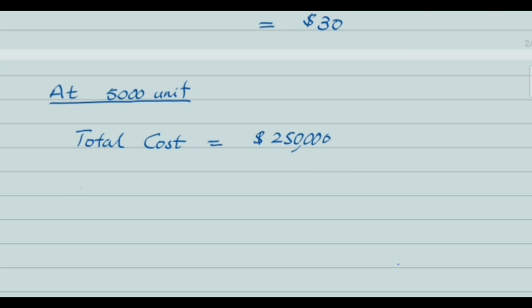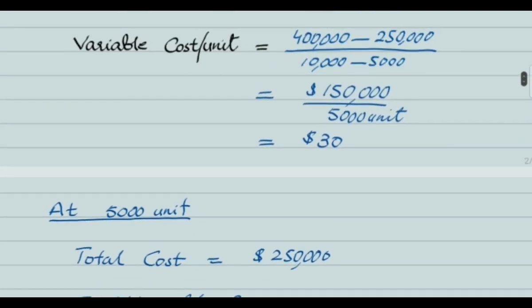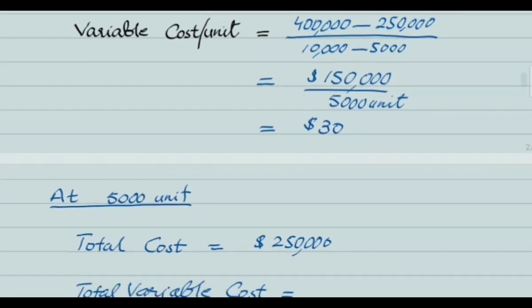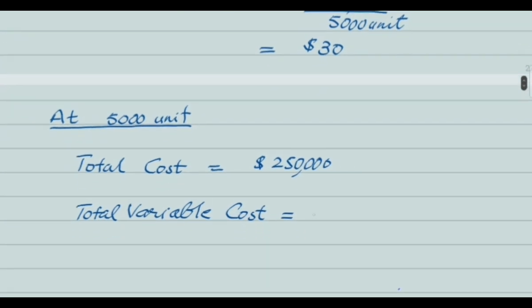Now we have to calculate the total variable cost at this level. To calculate the total variable cost, we have to multiply the variable cost per unit with the activity level. Meaning, if 1 unit requires $30 to be produced, then if you have to produce 5,000 units, how much variable cost will you have to incur? That will be 1,50,000.